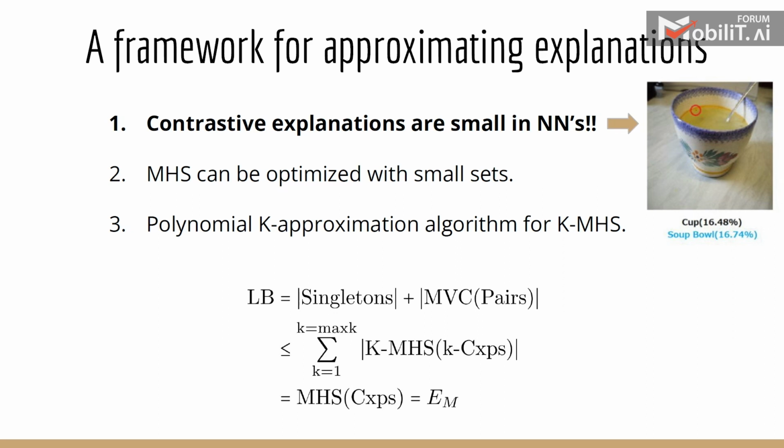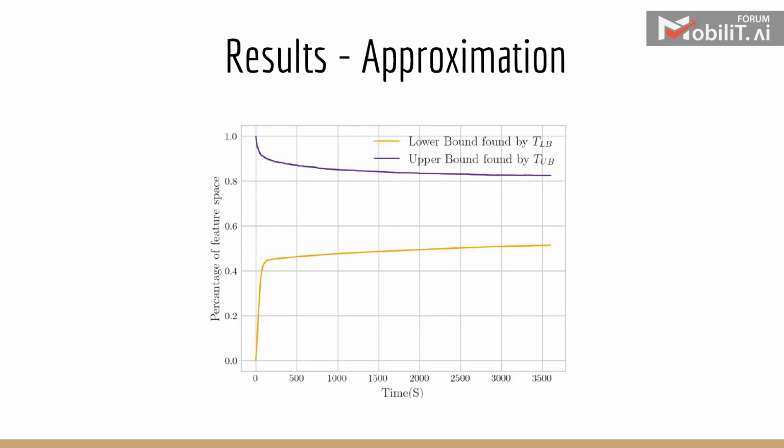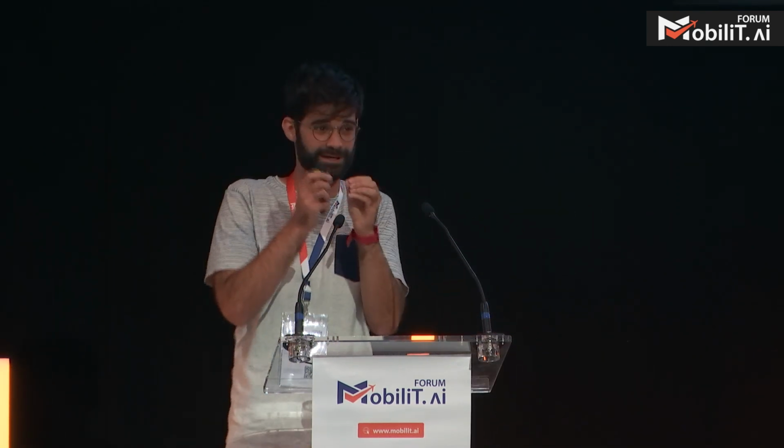Then, using this, we can compute good lower bounds and find good approximations, although this problem is very computationally hard. You can see this in this graph. We have the upper bound and the lower bound, and although we don't really get to the optimal explanation, we can get pretty close. This happens due to the fact that neural networks are very sensitive to small input perturbations, so we can use this trick in order to compute good approximations.